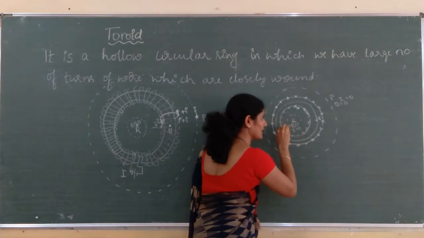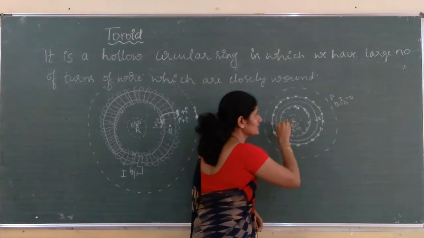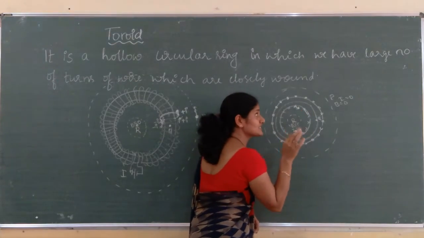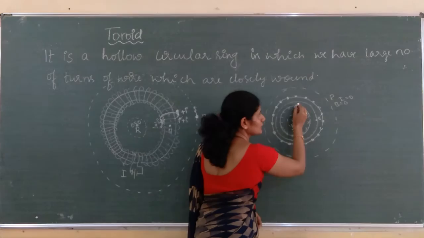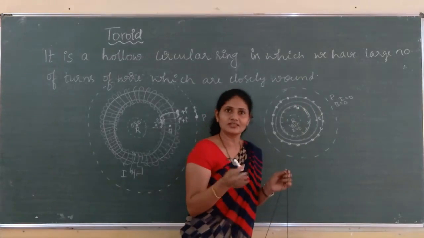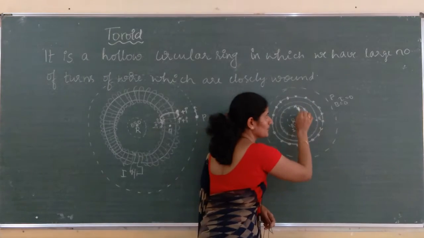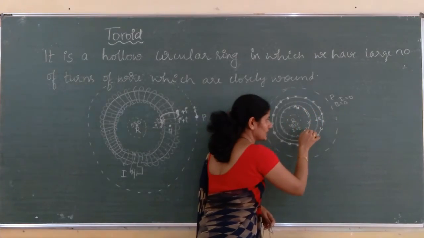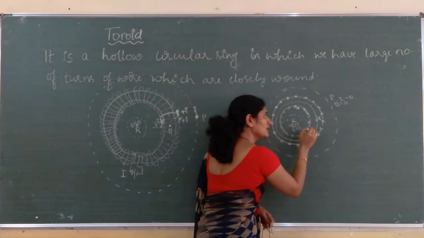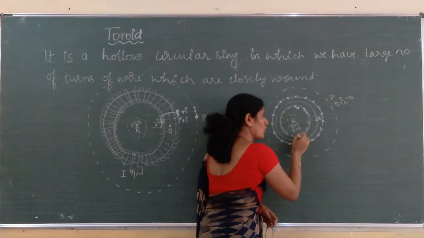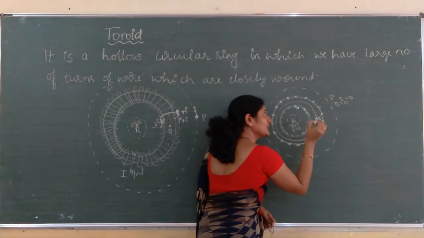That means the current is flowing in the same direction. If current flows in opposite directions, then the net current I is equal to 0. But here within this loop, the current is flowing in the same direction, all are going in.